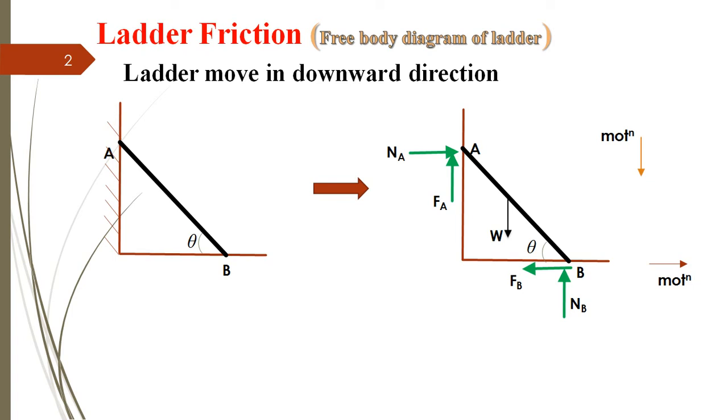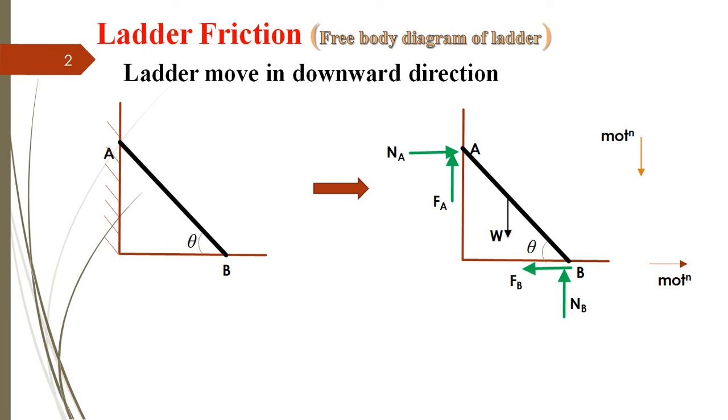In block friction, it is a problem of a concurrent force system, so we can solve that problem using the equations summation of Fx equal to 0 and summation of Fy equal to 0. Only two equations of equilibrium are required in that case. Here a third equation is required, that is, summation of moment either at point A or B or anywhere equal to 0. Okay, so understood.